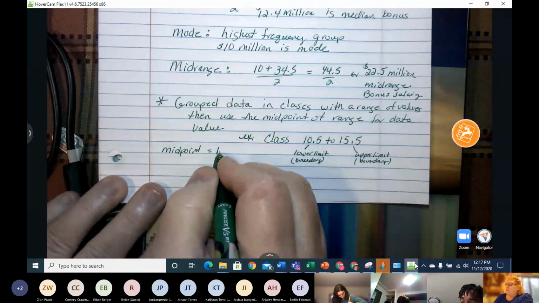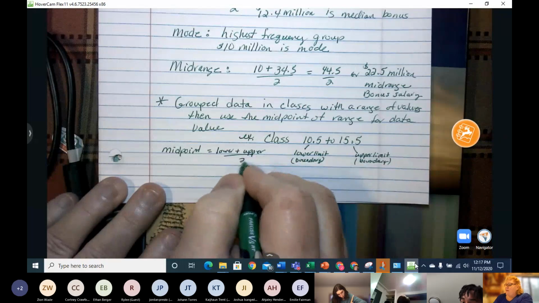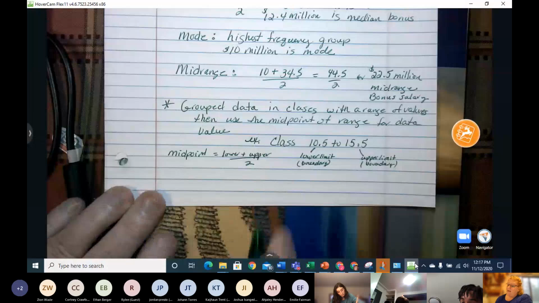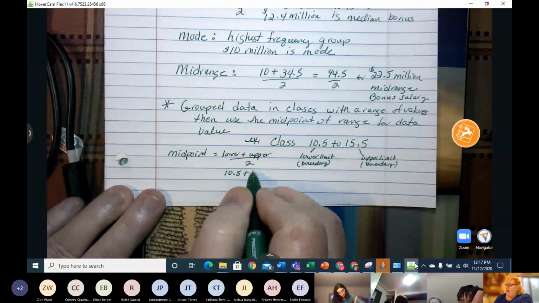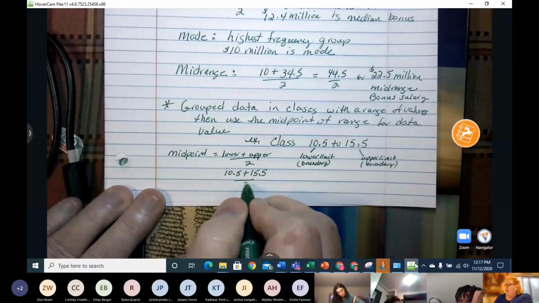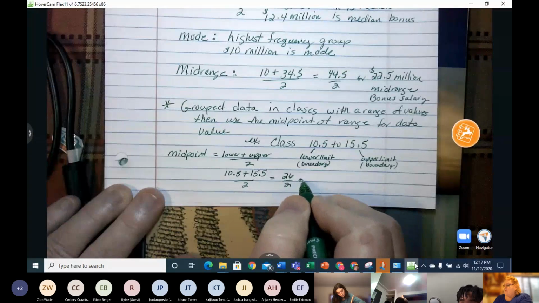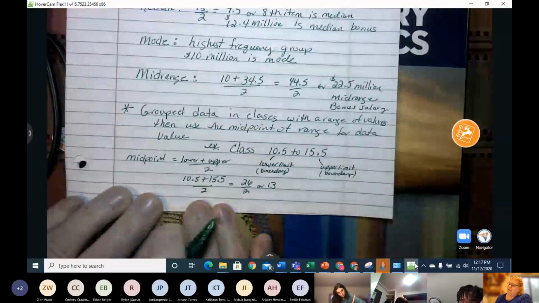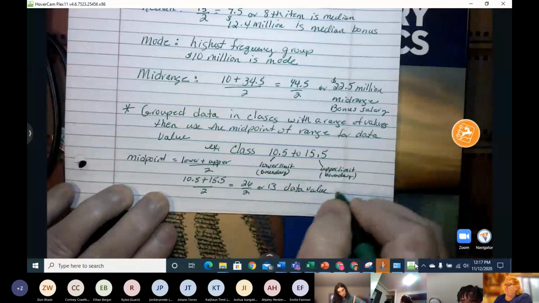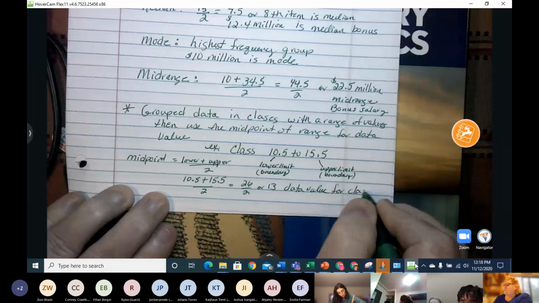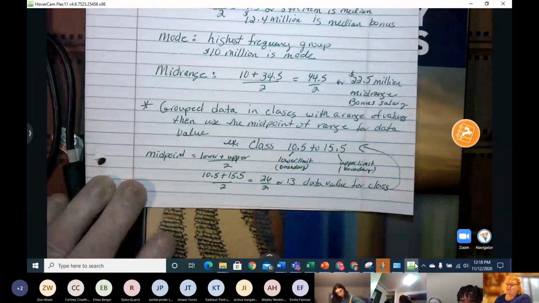We're going to take the lower limit plus the upper limit and divide by 2 to find that midpoint. So in this case, 10.5 plus 15.5 divided by 2 gives us 26 divided by 2, or 13. And that is the data value for the class with that range.